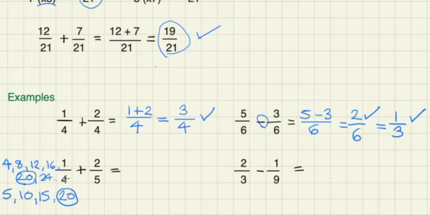So we need to put 1 over 4. How many times do you have to multiply 4 to get 20? Well, here we go. 1, 2, 3, 4, 5. And how many times do we have to multiply the 5 by the 1 by 5?